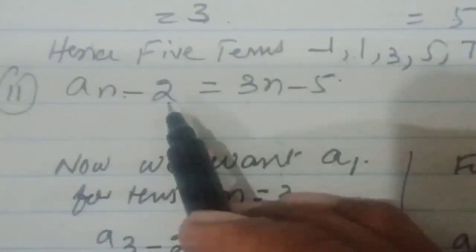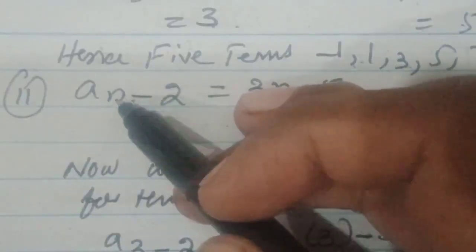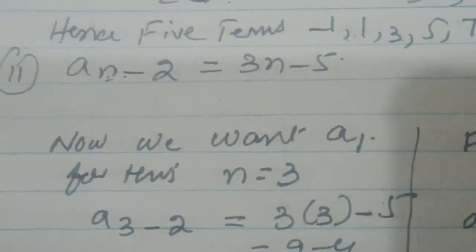So very easy. Now the next, see this question. This is something different. a(n minus 2) is equal to 3n minus 5. Now we want a1, because we need the first term, and how will you find the first term? See how you can make this a1.